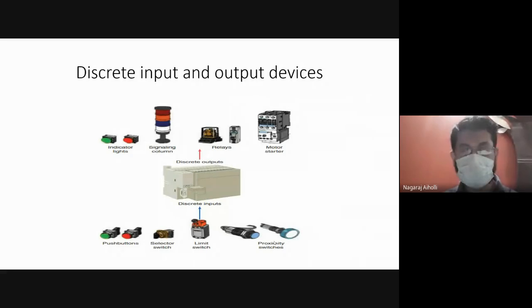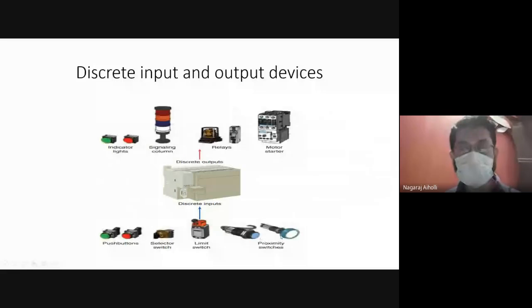That means it depends on the distance between the object and the switches or the sensors. So when there is a particular distance between the object and these switches, they operate, the contacts get closed, and the current starts to flow. So all these are the discrete input devices: push buttons, selector switch, limit switch, and the proximity switches.